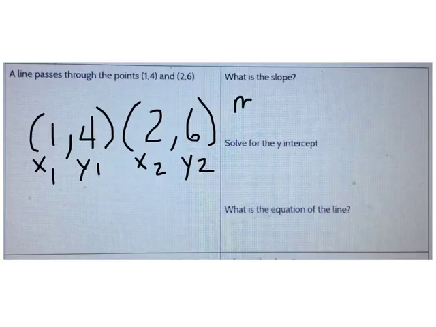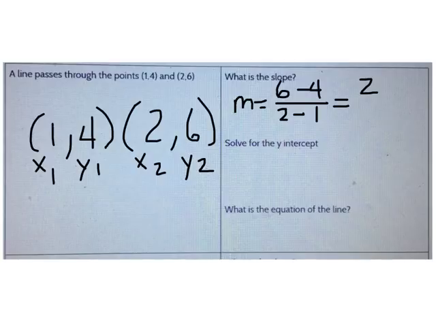Remember, slope is equal to y2 minus y1 over x2 minus x1. What's 6 minus 4? It's 2. What's 2 minus 1? It's 1. So the slope is 2.